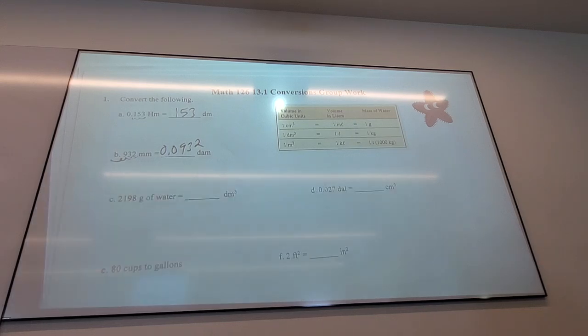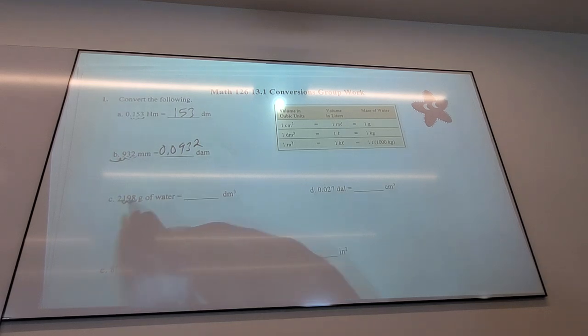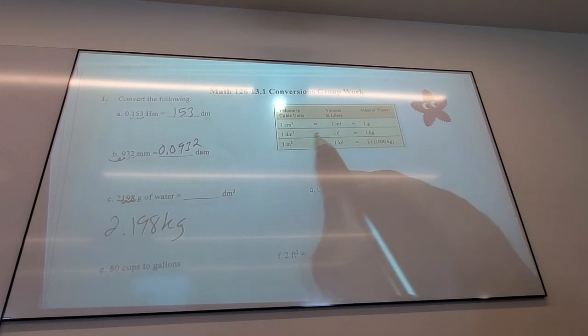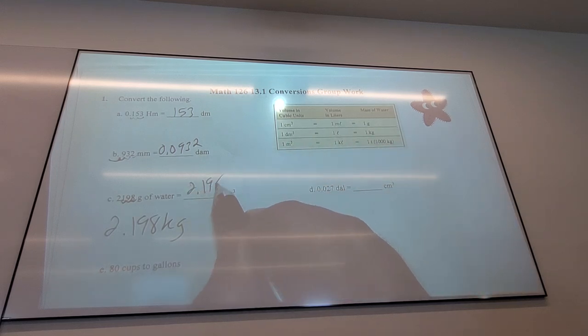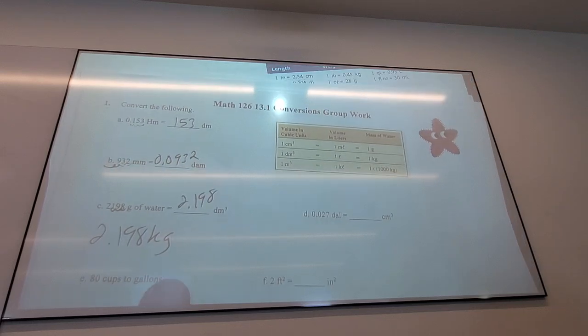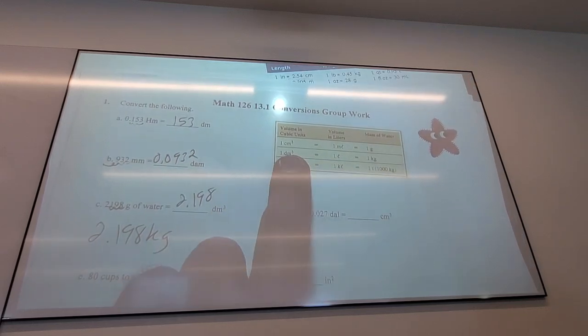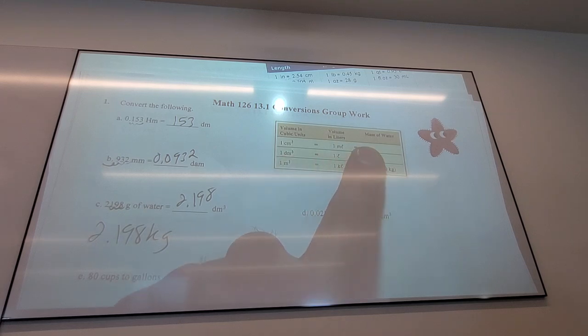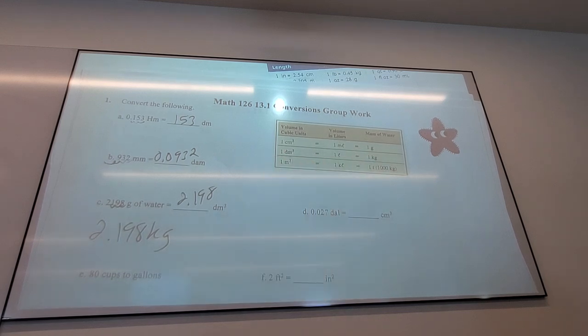Where am I at? Yes. Okay. If I go 1, 2, 3 back, 2.198 kilograms of water would be equal to 2.198 cubic decimeters of water. Do you guys see that? So what did I do on this problem? I said I want to end up here. What would get me directly there would be these. I have these. Oh, well if I convert that to that, I'm done.